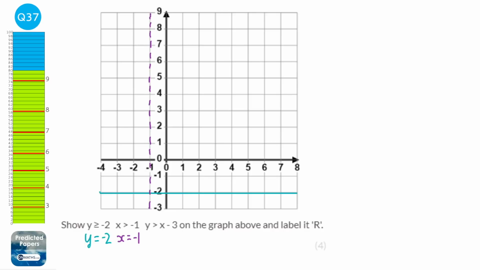Okay, the last graph is a little bit harder. We've got y equals x minus 3, and it's going to be a perfectly diagonal line, but down to minus 3. So it's going to be this line here, but it's going to be dashed because we don't have an equal to.